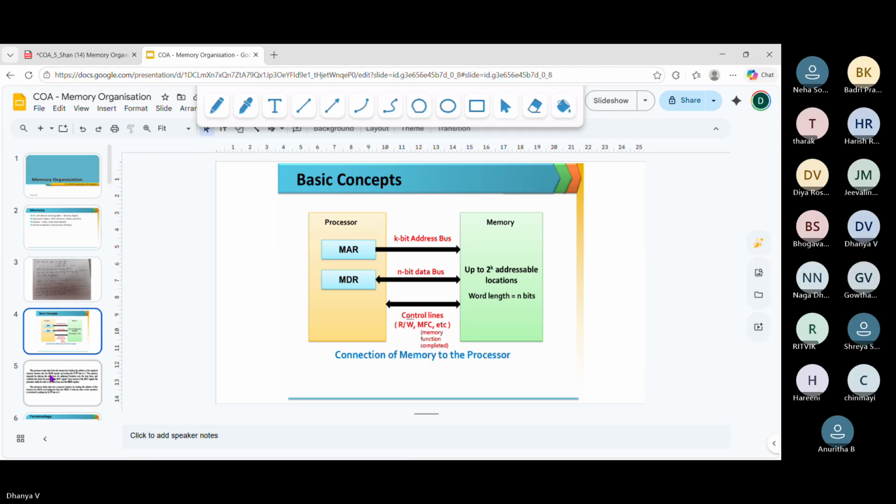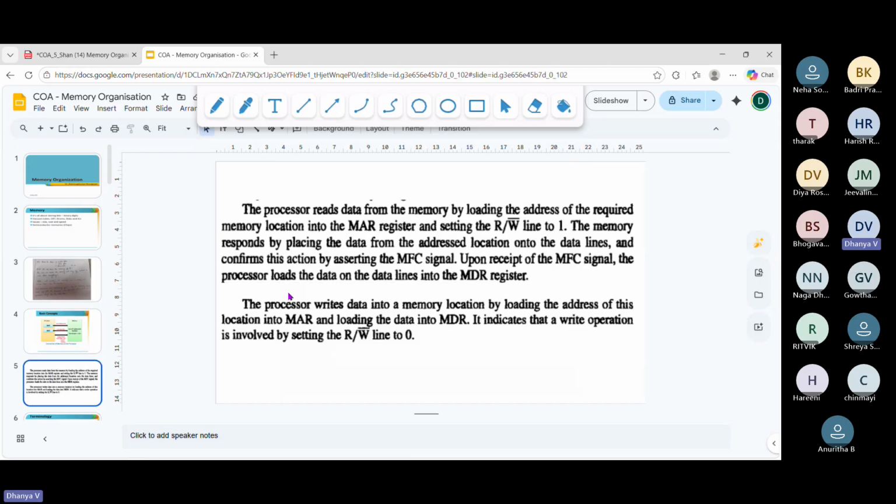So we'll look into this now. The processor reads data from the memory by loading the address of the required memory location into the MAR register and setting the read/write line to 1. First we'll talk about the read operation.